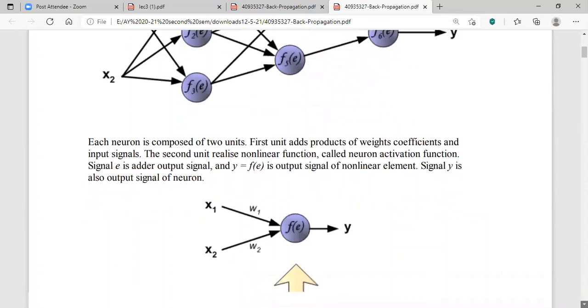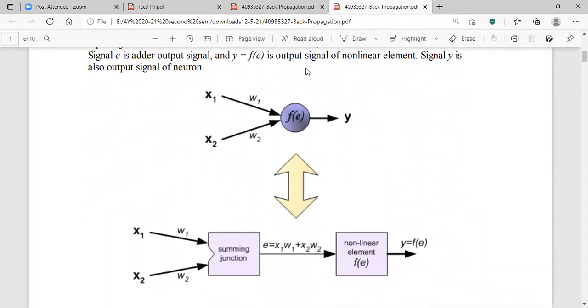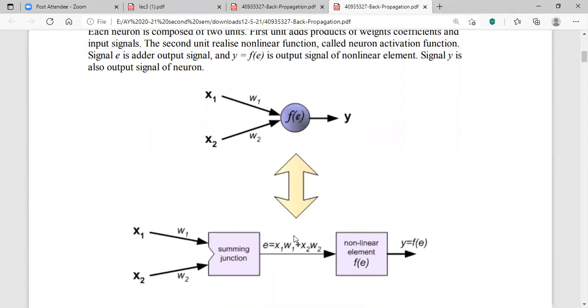Each neuron's output is fed as input to the next layer, along with the product of weight coefficients and your input signal.